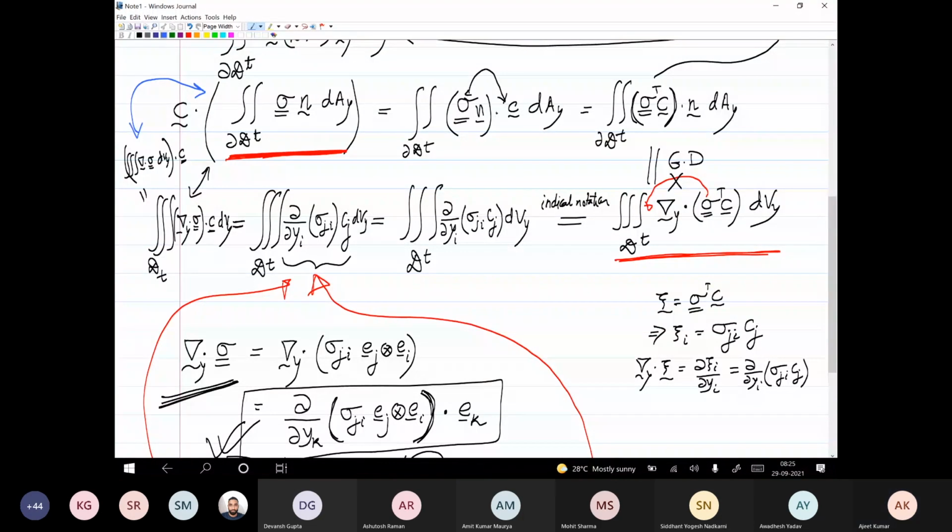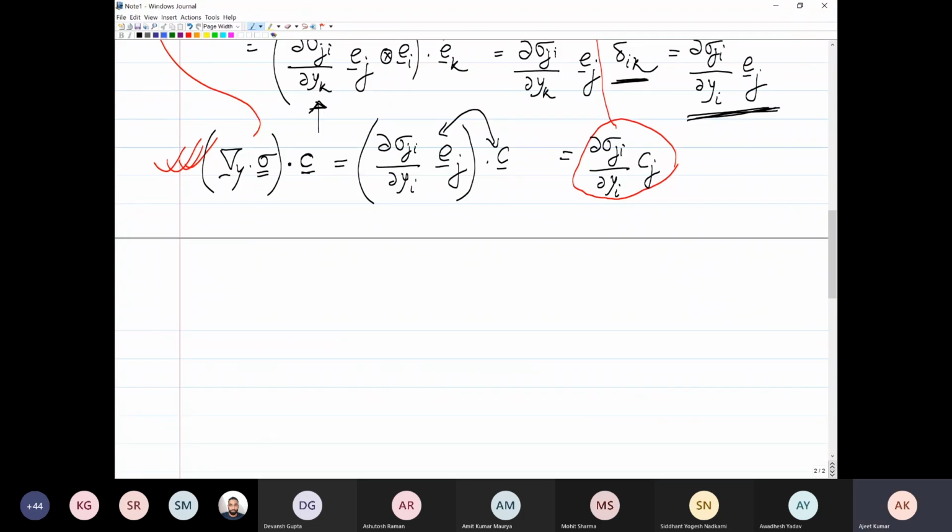If you compare them, then what you have derived is actually the Gauss divergence theorem for second order tensors, and it is that integral of sigma n da over the surface is equal to volume integral divergence of sigma dvy.